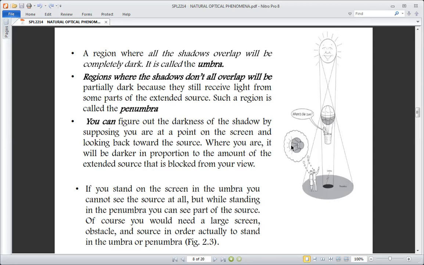They are only seeing part of the source of light, which is the sun. But somebody located at the center, the dark part, sees nothing. The person is in the dark and does not see any source of light. So this kind of arrangement brings us to something very important, a natural optical phenomenon known as an eclipse.